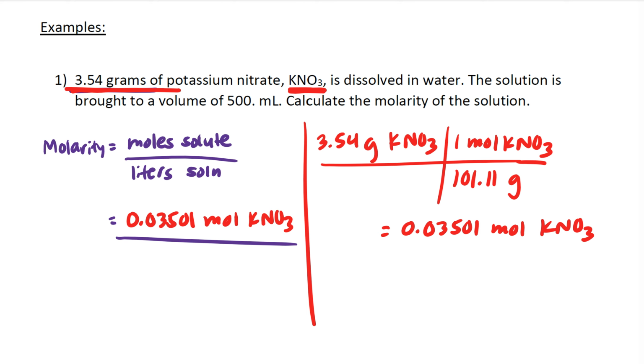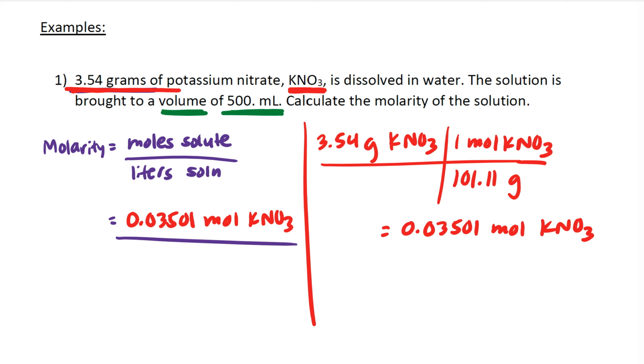Now for the denominator. We need to put the liters of the solution in the denominator. So I find the volume here, which is 500 milliliters. Again, I have to follow the molarity equation exactly as is written. I am not allowed to put in any unit other than liters into that denominator.